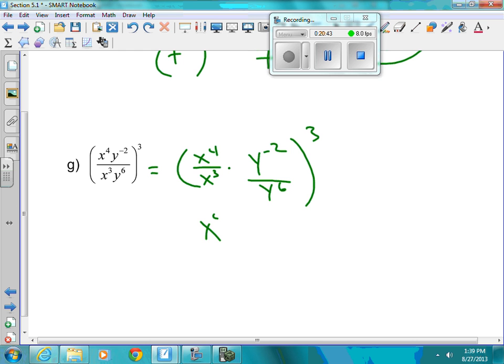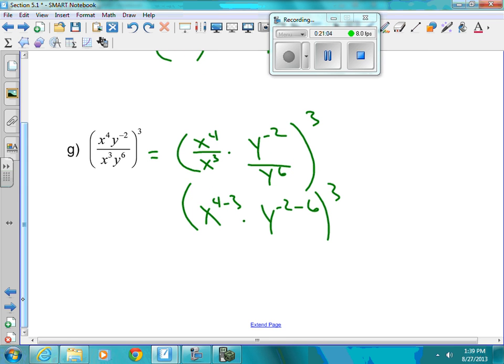X to the 4 minus 3 times y to the negative 2 minus 6, all being raised to the 3rd power. 4 minus 3 is 1. So x to the 1st power times y to the negative 8, all being raised to the 3rd power.